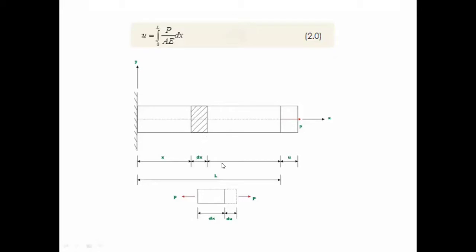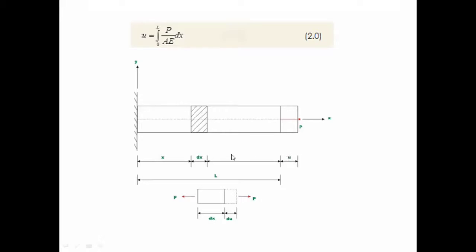When I apply an axial load, capital P is the axial load, there is some deformation taking place under the applied force P. That deformation is small u, if you can see here.